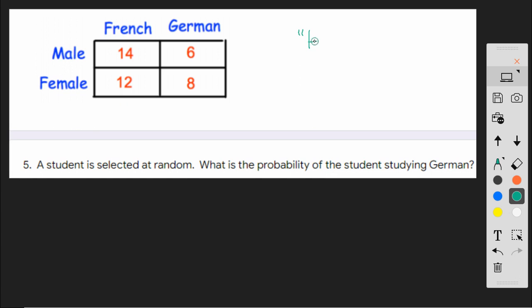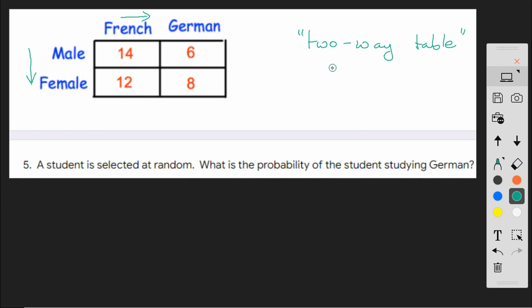Okay. Question 5. What we have here is called a two-way table. But it's called a two-way table because we've got one set of properties, languages, going along this top axis, and we've got another set of properties, in this instance gender, going down this other axis. Okay, so that's why it's called a two-way table.